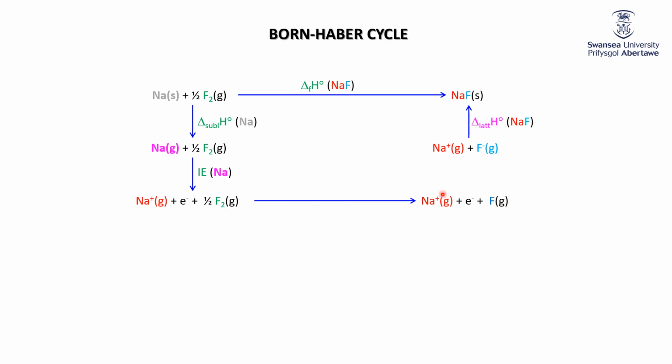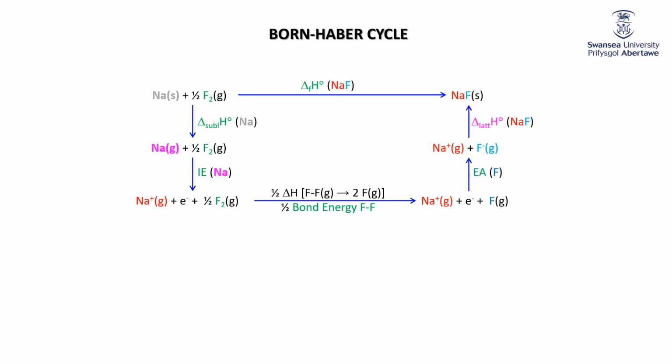Half of the F2 goes to 1F, and that is of course associated with the bond energy, half of the bond energy, because we've only got to turn half of the molecule into the atoms. Now we've got our cation, that looks good. Now we've got the fluorine atom, which is good. We've got an electron that now we just need to give to the fluorine atom to make the fluorine anion, and that is the electron affinity.